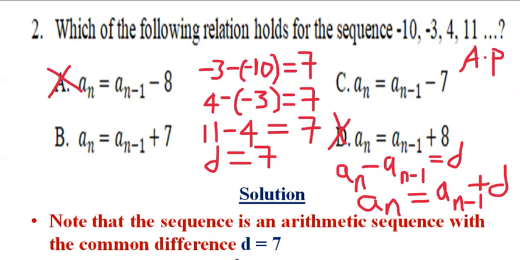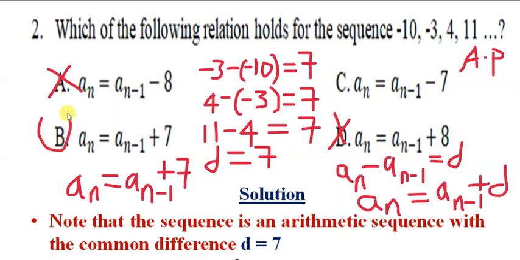Simply replace d by 7, and therefore when our d is replaced by 7, it becomes an is equal to an minus 1 plus 7, where our common difference is 7, and therefore the right answer should be the one in B.